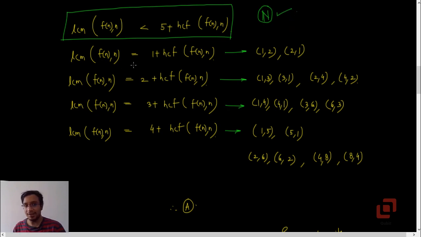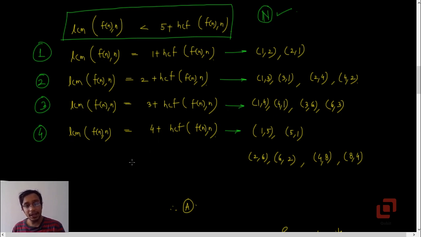So if we want LCM to be less than 5 plus HCF, then possibility 1 is LCM is 1 plus HCF. Possibility 2 is LCM equals 2 plus HCF. Possibility 3 is LCM is 3 plus HCF, and possibility 4 is LCM is 4 plus HCF.